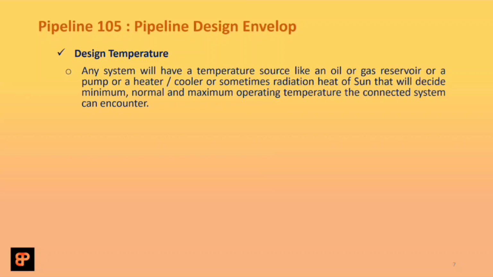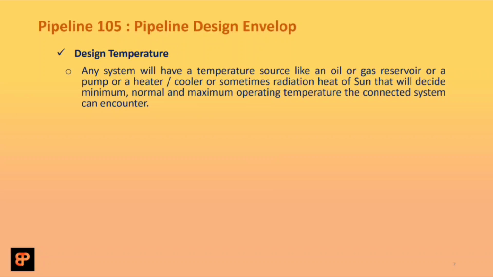A cooler will cool down the fluid to a certain temperature before it enters the pipeline, or a heater will heat the fluid to a certain temperature before it enters the pipeline, and that will have a process system design impact on the pipeline.